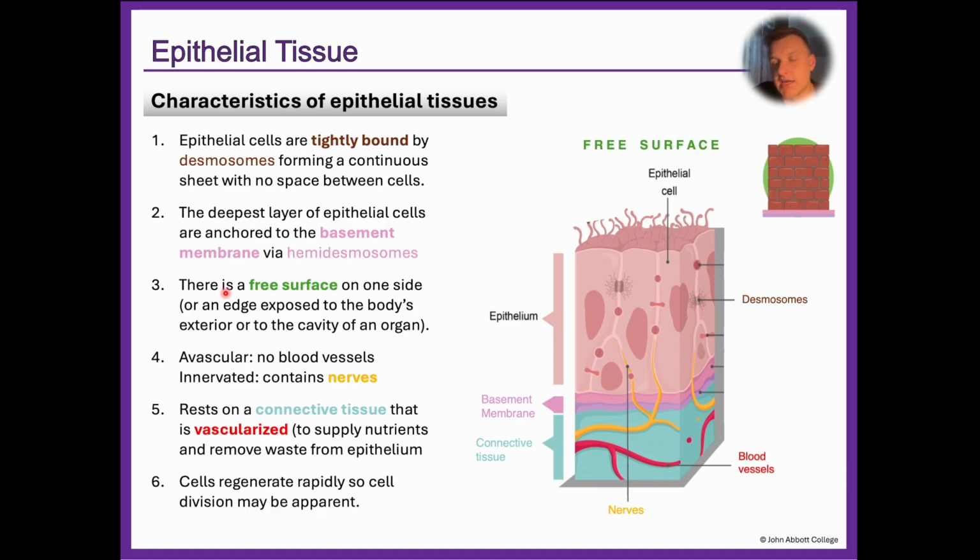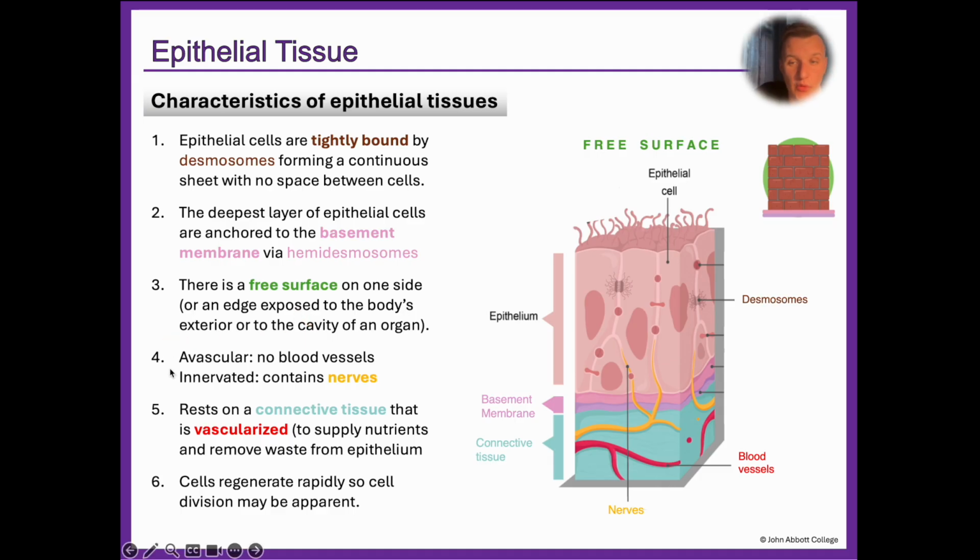Like I'm thinking the digestive system, the intestine, right? This is all a free surface, and there's an epithelium that lines around the small intestine. So there's a free surface on one side, or an edge exposed to the body's exterior, right? Or the cavity of an organ. Like think of if you're in the stomach, there's an epithelium around there, right?